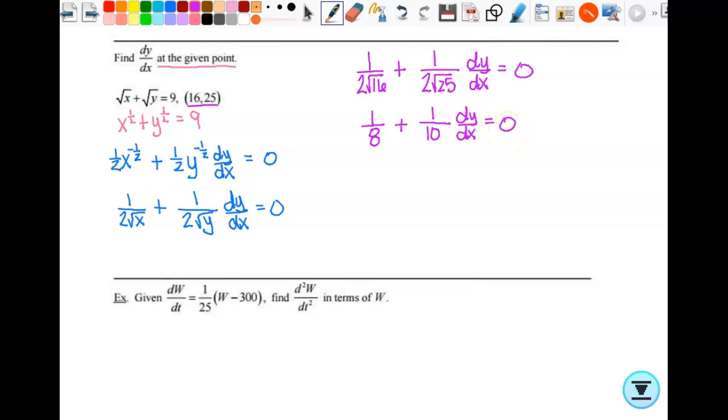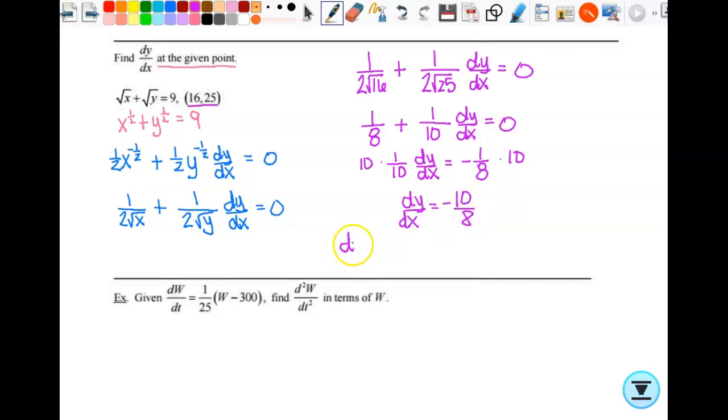Then what are we solving for? dy/dx. So I'm going to subtract 1/8, so I get 1/10 times dy/dx equals negative 1/8. Multiply by 10. So when I multiply both sides by 10, dy/dx is going to equal negative 10/8.